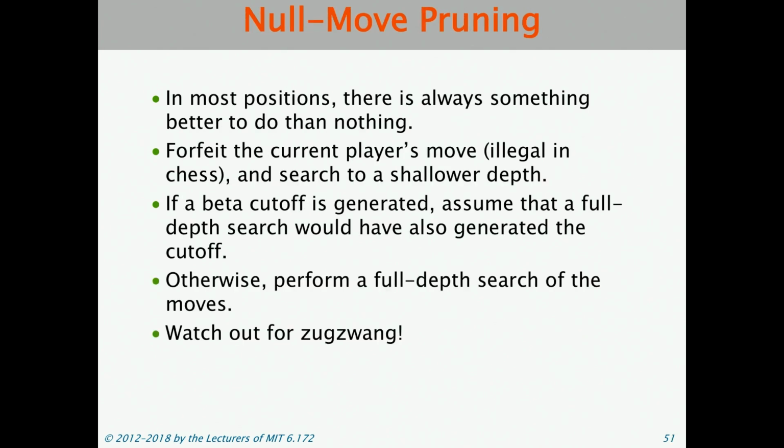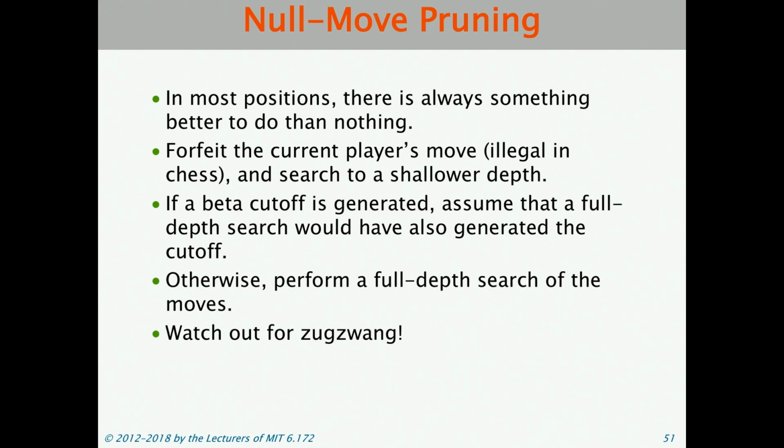Another heuristic there is null move pruning. In most positions, there's always something better to do than nothing. So sitting still is usually not as good as actually making a move. The idea is, suppose that I can forfeit my move and search a shallower depth, and I still have the best position.